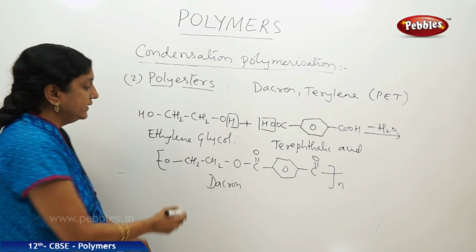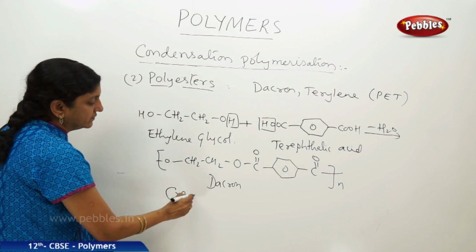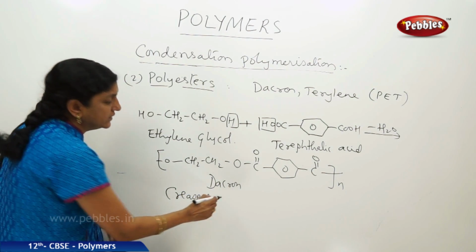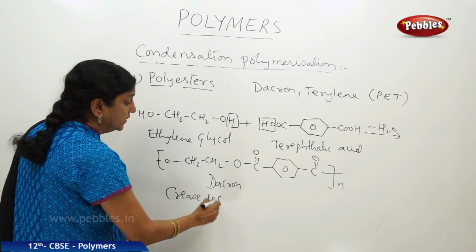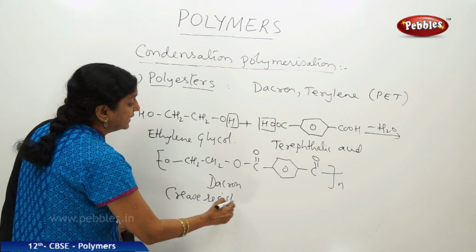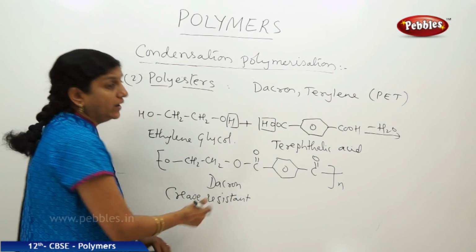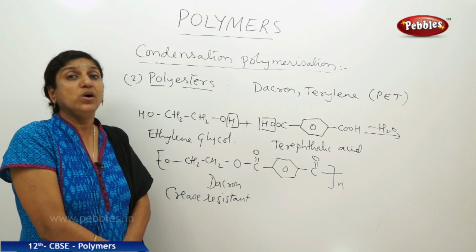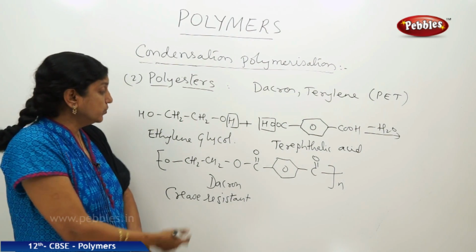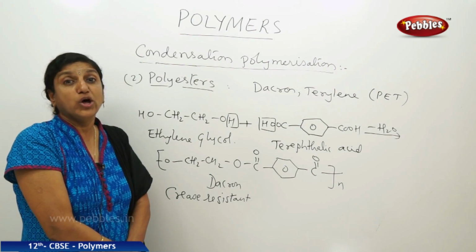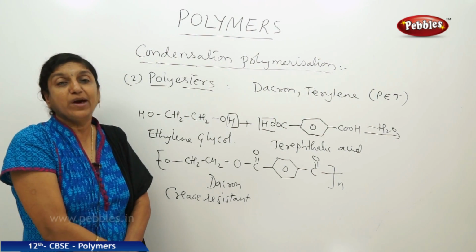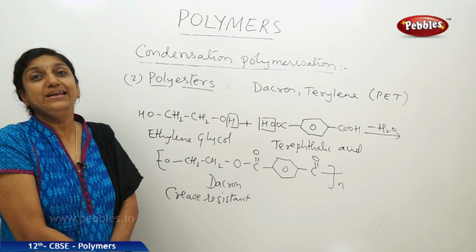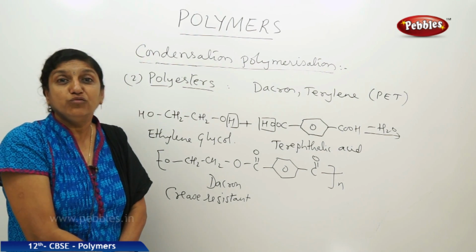Dacron or Terylene is crease resistant. What is the meaning of crease resistant? Why do we iron our clothes? Because we want to remove the creases. So, cotton and all the natural fibers are not crease resistant. You need to iron them, whereas polyester or Terylene or Dacron are synthetic fabrics which do not need any ironing because they do not form creases.